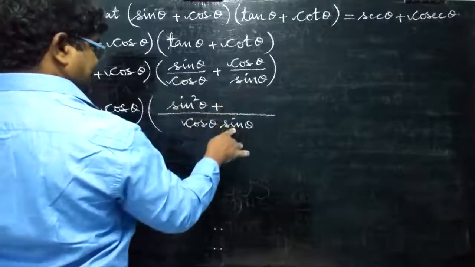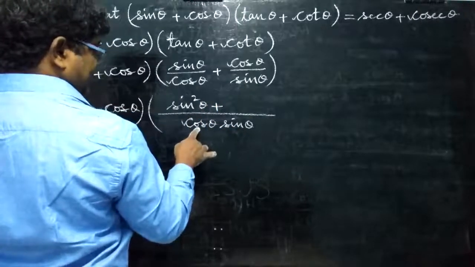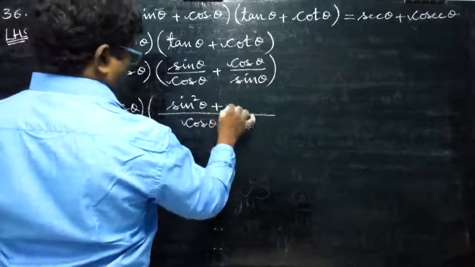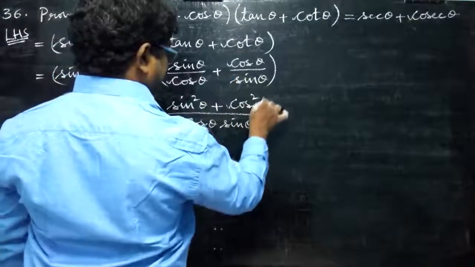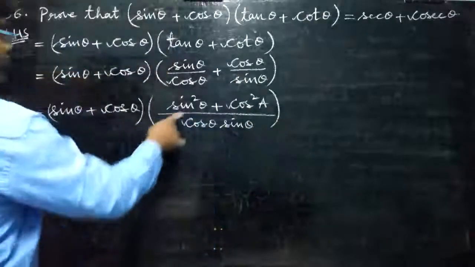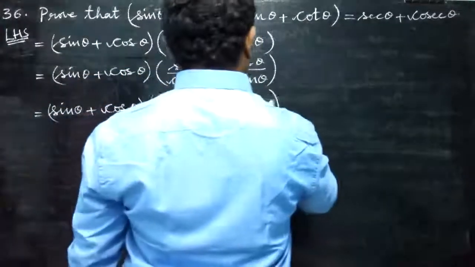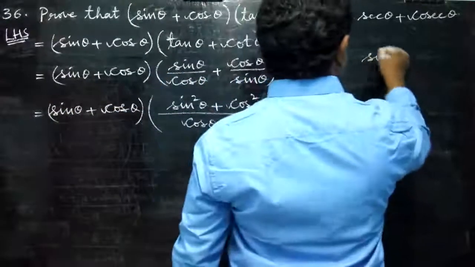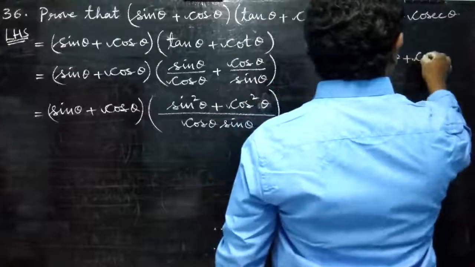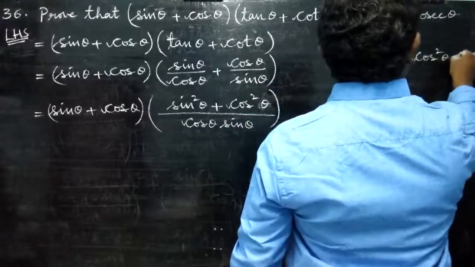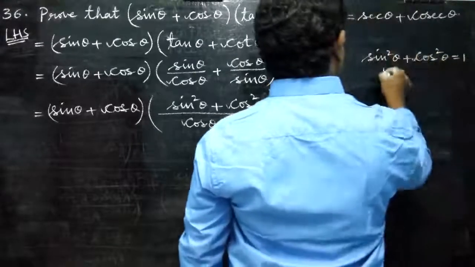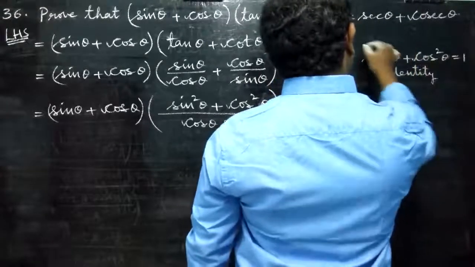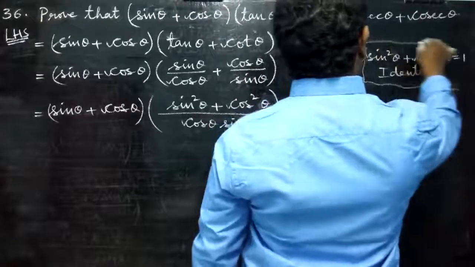Sin theta goes in sin theta, here cos theta times: cos theta into cos theta, cos square theta. So, we know the formula: sin square theta plus cos square theta is equal to 1. This is called an identity. Already we know, you have to compulsorily mention it.